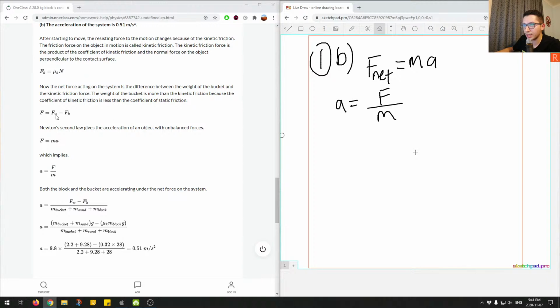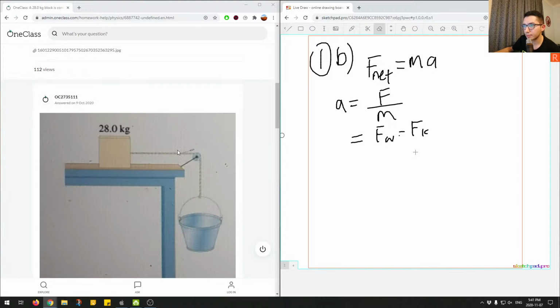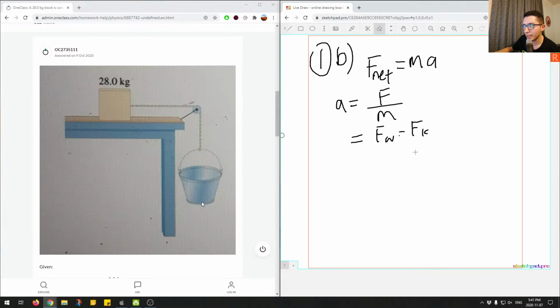So we've already defined Fw and Fk in the previous question, but we can write that out. So the numerator will be Fw minus Fk, and this is mainly based on the diagram. So we have the weight acting down, and then we have the force of kinetic friction.